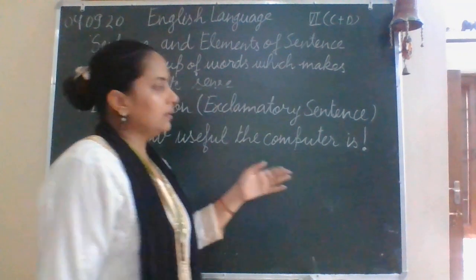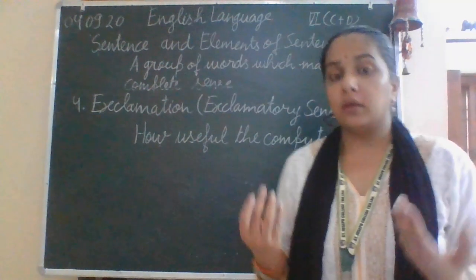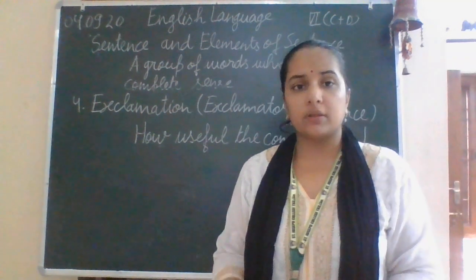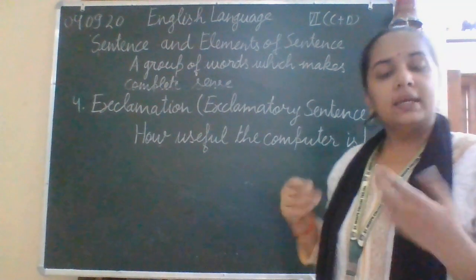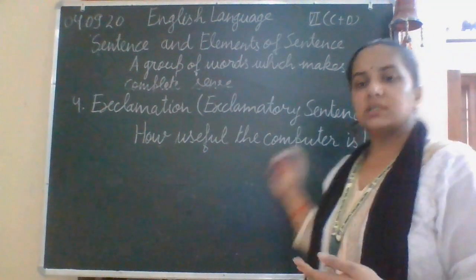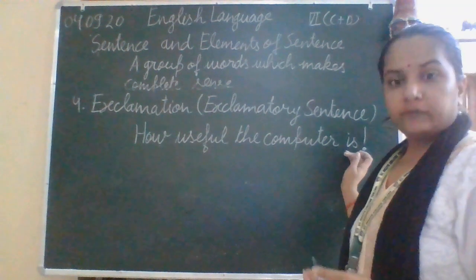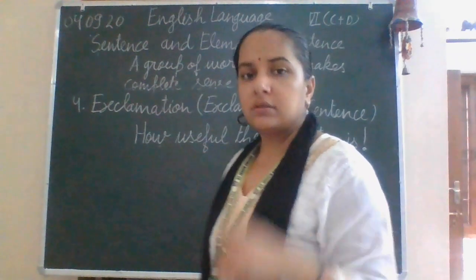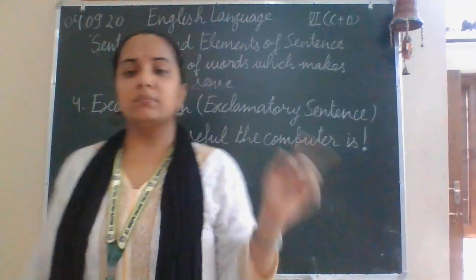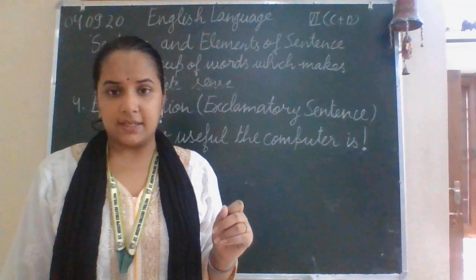So now, for the interrogative and exclamatory sentences, it is clear. You can easily identify these sentences by the end of the sentence. If it is a question mark, it is an interrogative sentence. If it is an exclamation symbol, then it is an exclamatory sentence.